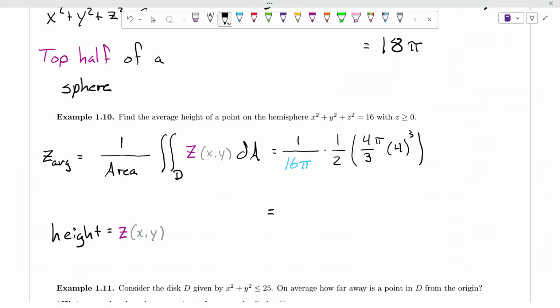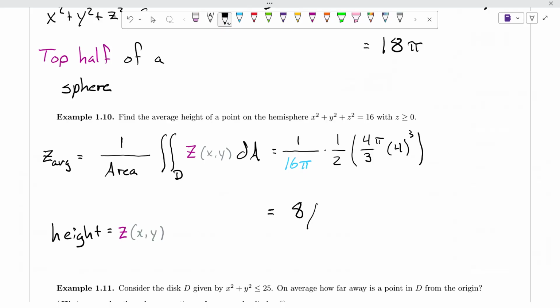So overall, what do we have? We have a pi in the top and bottom, so it'll cancel out. I've got 4 cubed over 16, which is 4 squared, so only one of those 4s is going to survive. You have another 4 up in the numerator, though, and a 2 in the denominator. So ultimately, I think that's just 8. If I keep track of all of my powers of 2, I think there are only 3 left over in the end, 1, 2, and 1, 4.